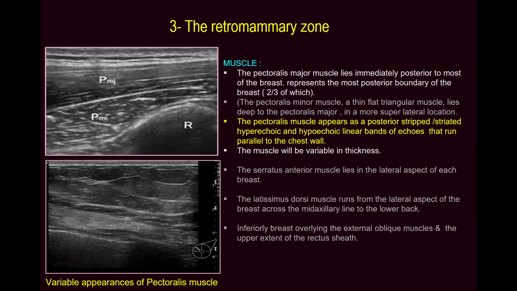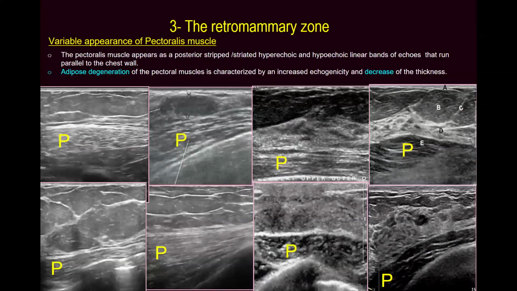Serratus anterior lies lateral to each breast. Okay, and latissimus dorsi, you might see it if you go toward the mid-axillary line. When you go inferiorly, scanning the breast, you might see the external oblique muscles or the upper extent of the rectus sheath. Okay. Variable appearance of the pectoralis muscle.